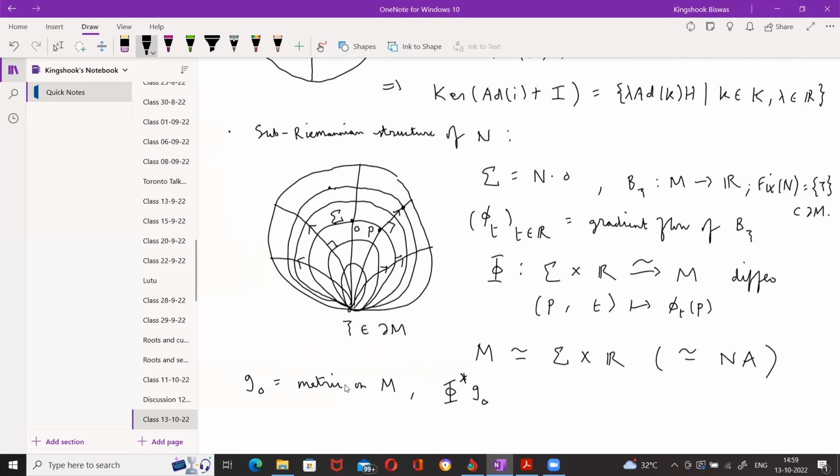This is a Riemannian metric on sigma cross R. Now the point is, because these horospheres are perpendicular to these geodesics, these integral curves, if I look at sigma cross R, how should I put it?